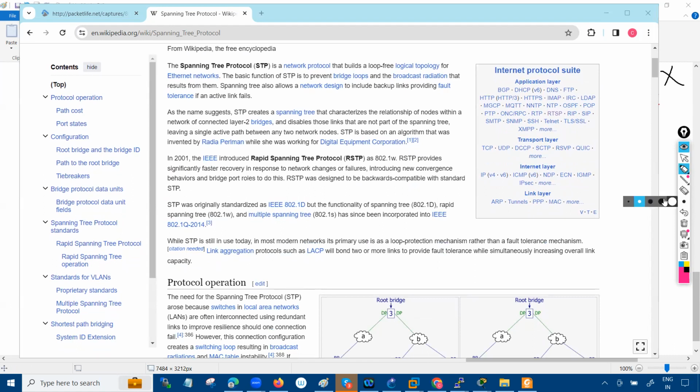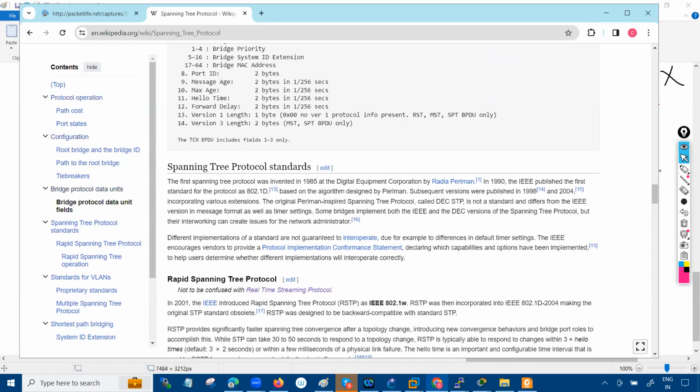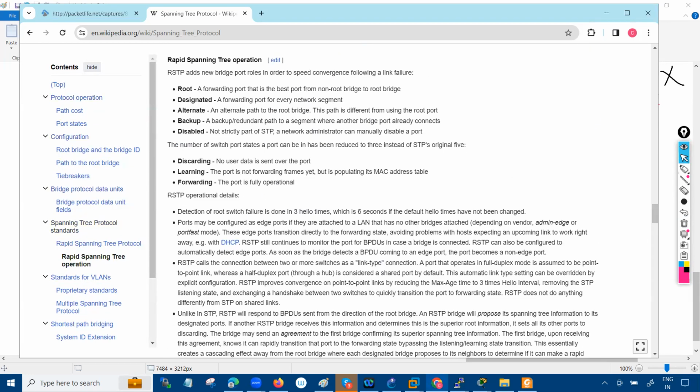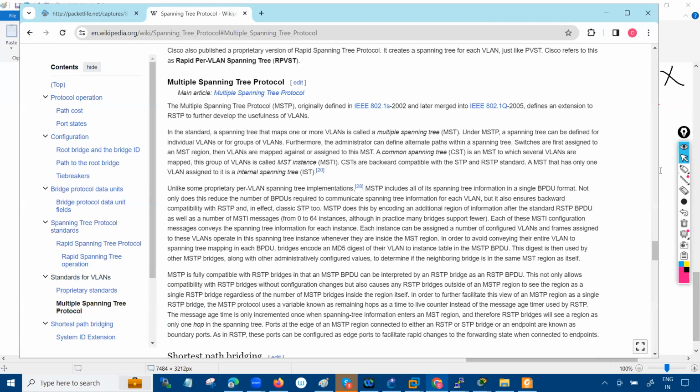So you see that RSTP came into the market in 2001. The 90s, almost 10 years, right? 10 to 15 years they took to make it faster. And in between 2002 to 2005 they came with the MSTP protocol.